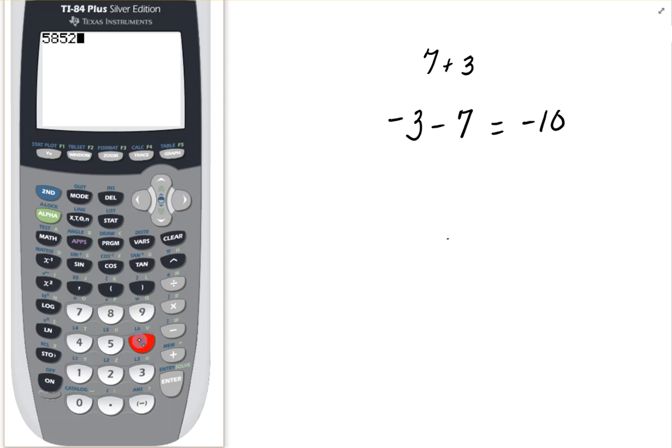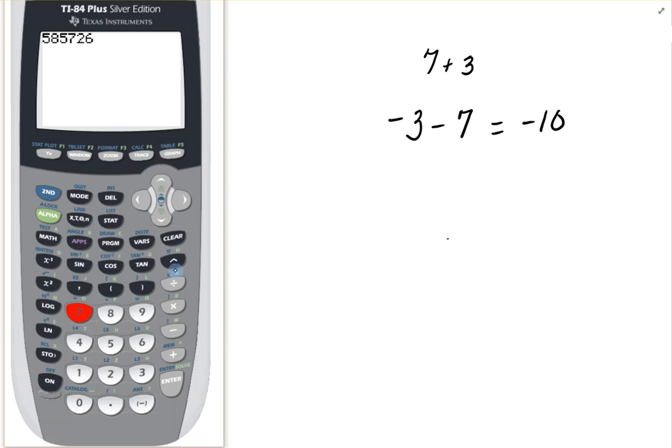So if I put some other characters on here and I scroll back and I wanted to have a 7 between the 5 and the 2, then I can do second insert. Doesn't look like anything's happened, but then when I type a 7, it pushed it over. So if you want to insert something, you have to sit on the character that you want moved over and then do second insert. You will just have to play with that to get used to it.